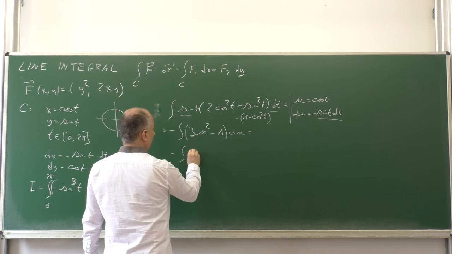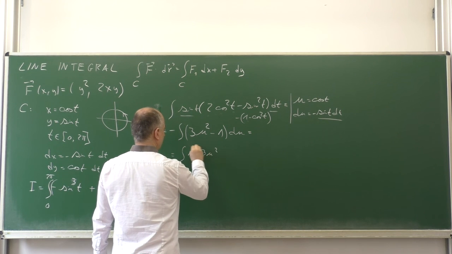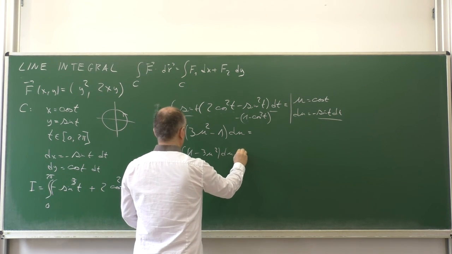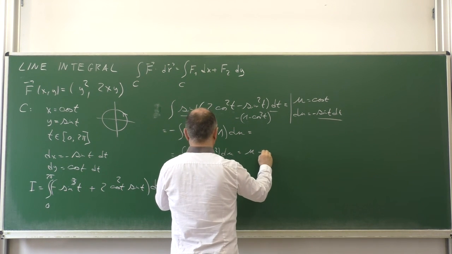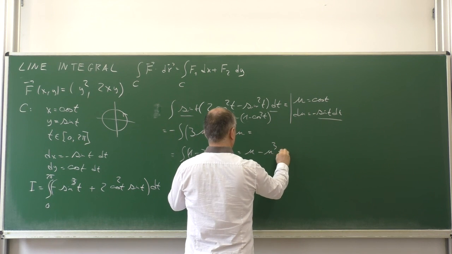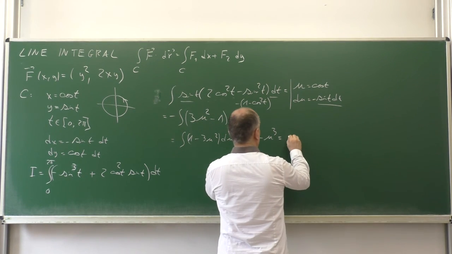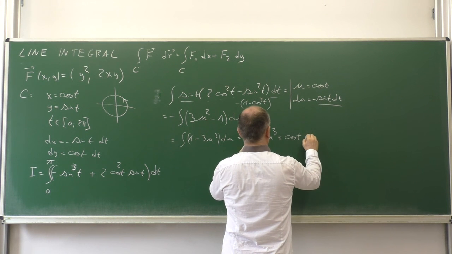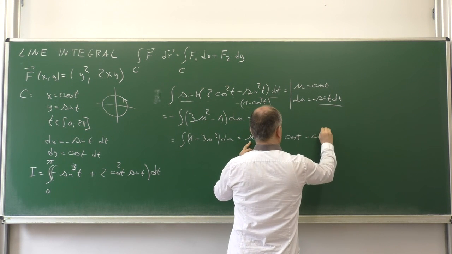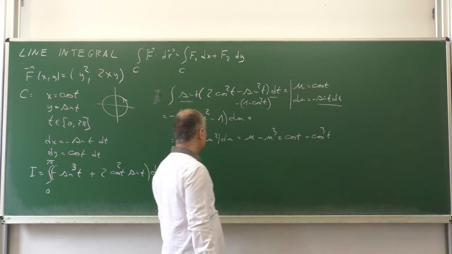So this is the integral of 1 minus 3u squared du, which is u minus u cubed, and u is cosine, so we have cosine t minus cosine cubed of t.